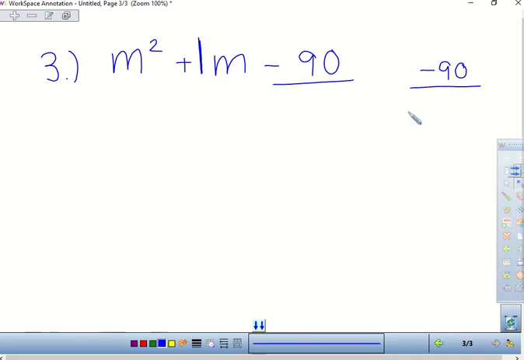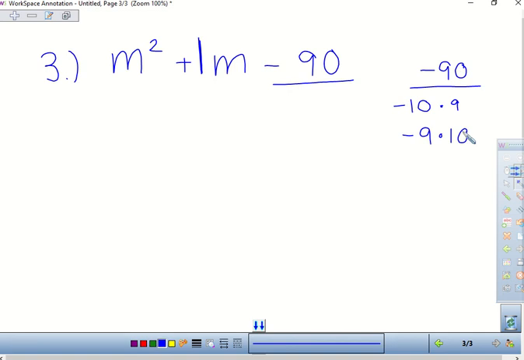Let's go ahead and name a few numbers. 9 times 10. So 9 times 10 would give me positive 90. So to get a negative 90, I need a negative times positive, right? So what about negative 10 times positive 9 and negative 9 times positive 10? Won't those both multiply to give me negative 90?